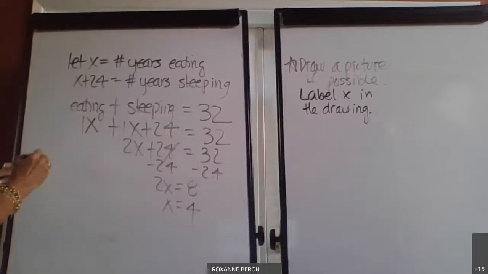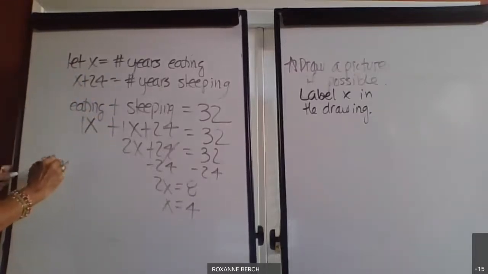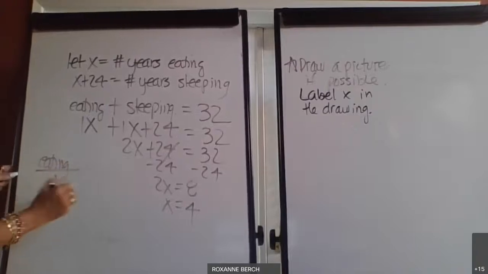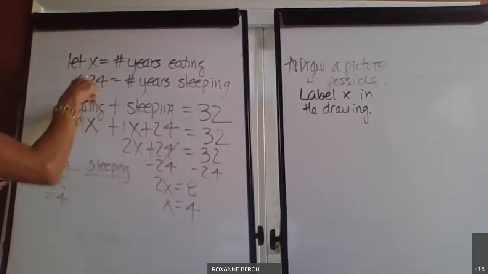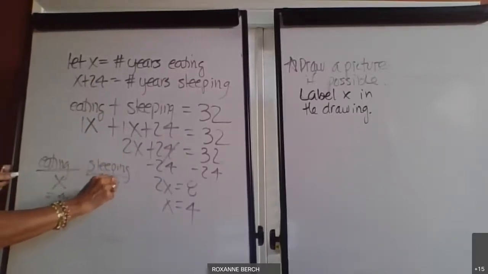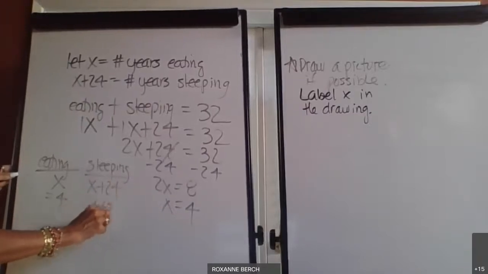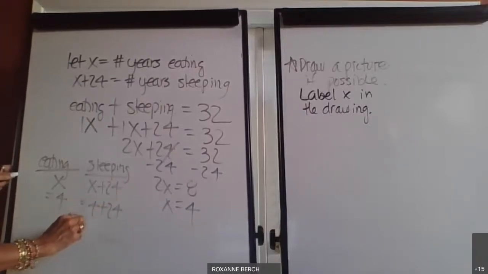So I'm going to plug this in really quick. For eating, we have X, so that would be 4. For sleeping, we know that's X plus 24, so that would be 4 plus 24.